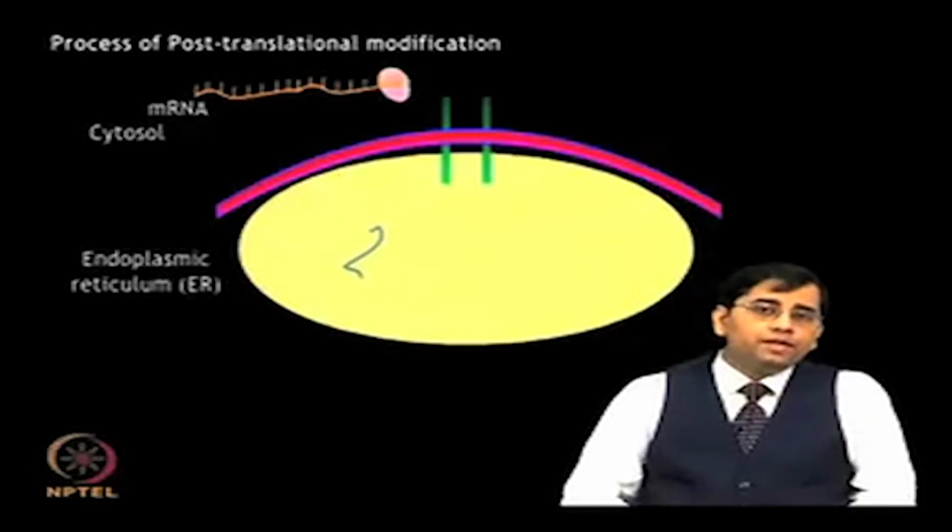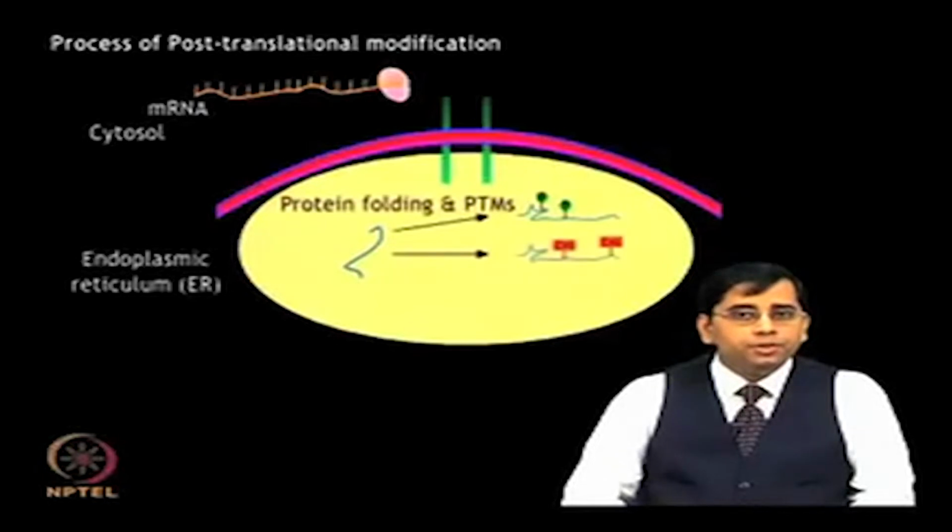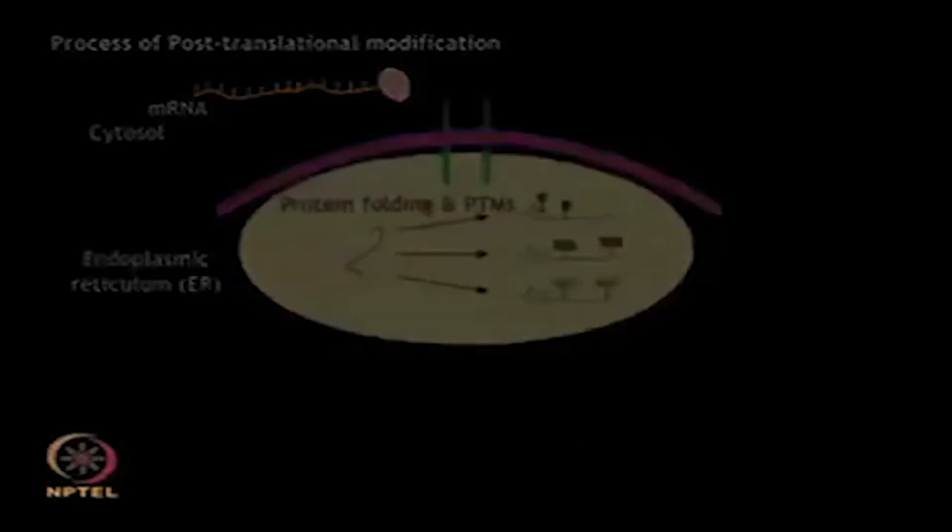Due to these modifications, the number of proteins is 3 orders of magnitude higher than the total number of genes encoded in the genome. There are several types of post-translational modifications that can take place at different amino acid residues.